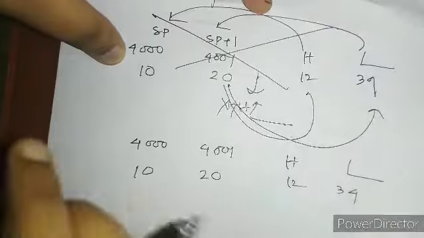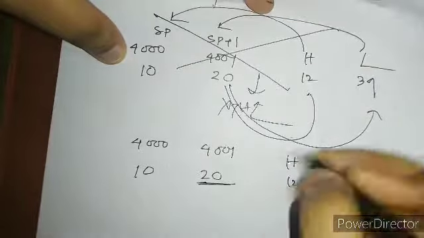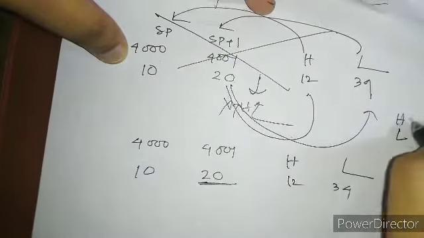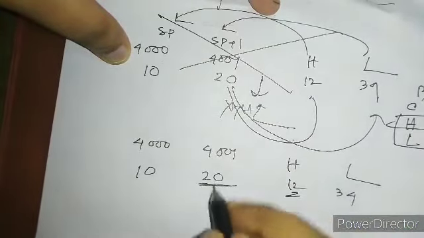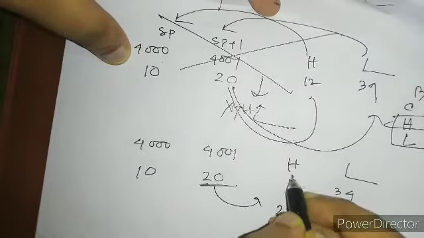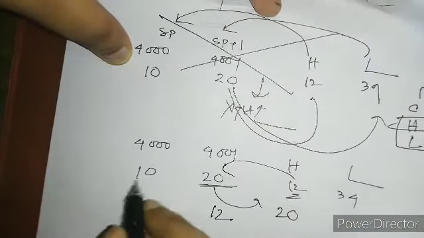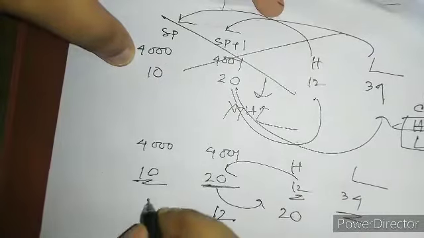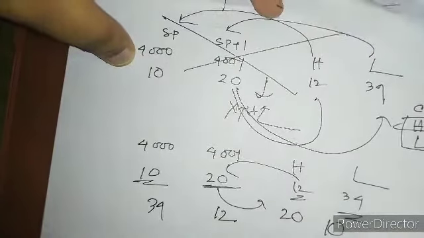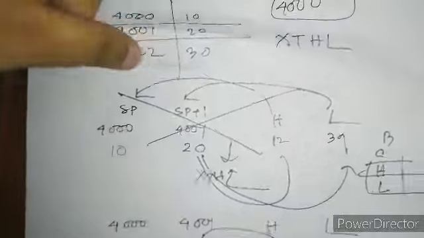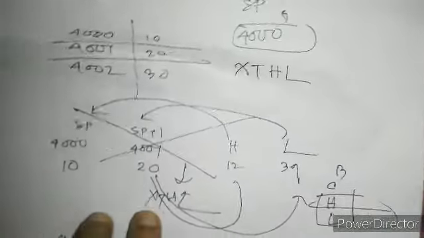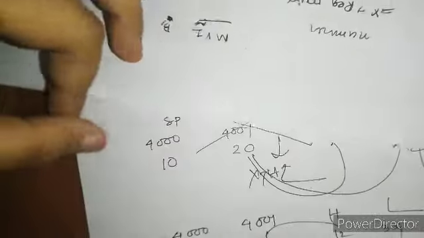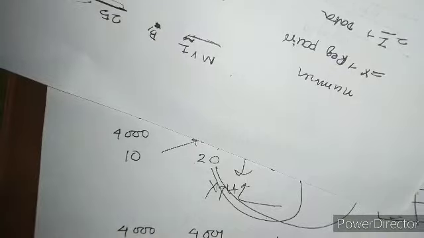So H gets the higher number, because if we arrange it, it is like this. First comes HL. L will get the 4000 data, which is 20, and H gets the 4001 data, which is 10, and they will exchange with each other, 34, 12. So XTHL helps to exchange the data of HL with the data pointed to by the top of the stack. Let's have a quick recap.